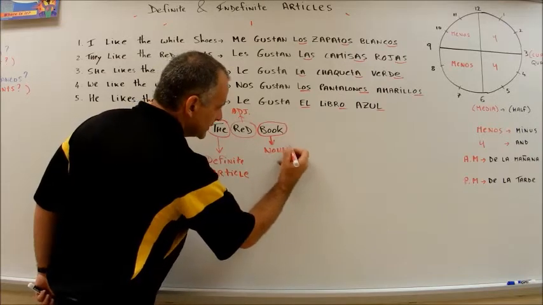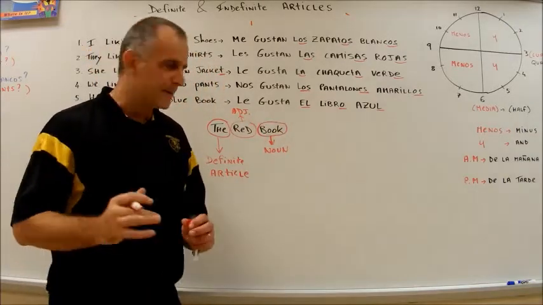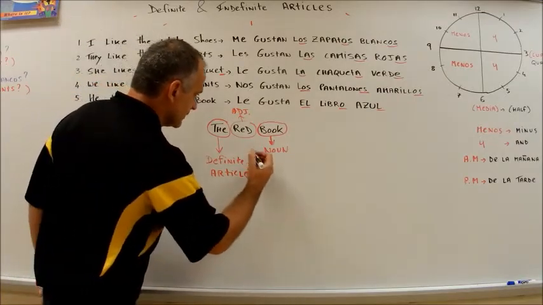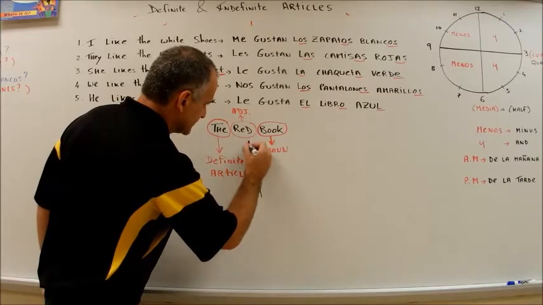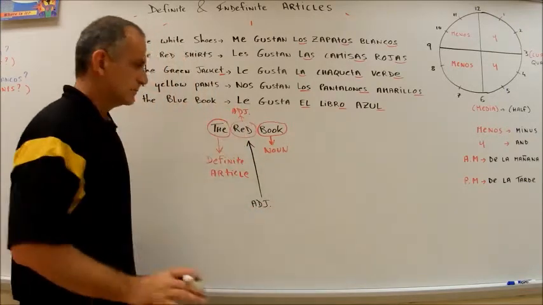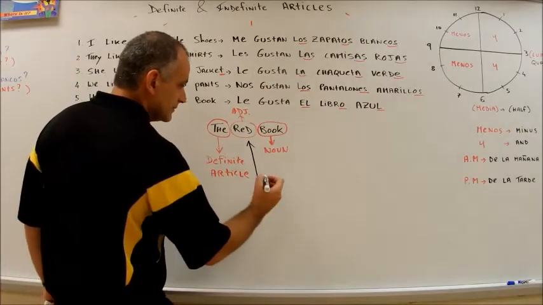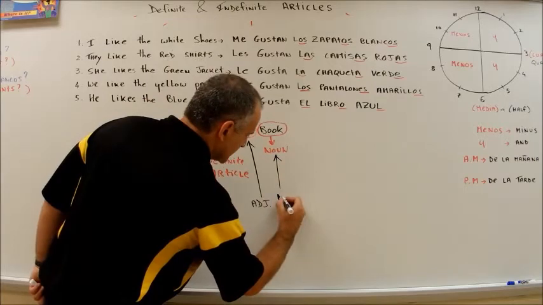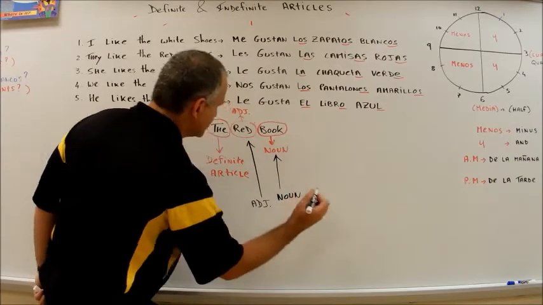You're dealing with the noun here. So in English, what's going to come first is, of course, the adjective. The adjective comes first, okay? In English. And then, second, you're going to have the noun. The noun comes second.